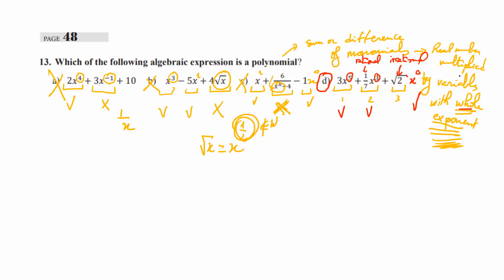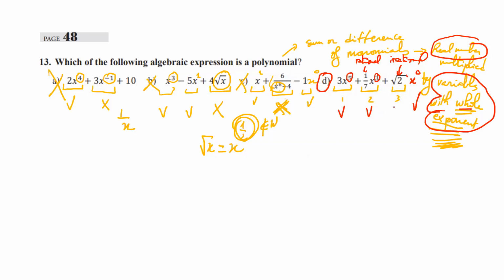But the important thing is the coefficient can be any real number. What matters is the exponent of the variable. And the division of two polynomials is not a polynomial. The variable is not allowed in the denominator. Okay, so this is the correct answer.